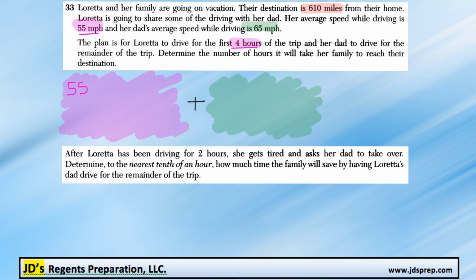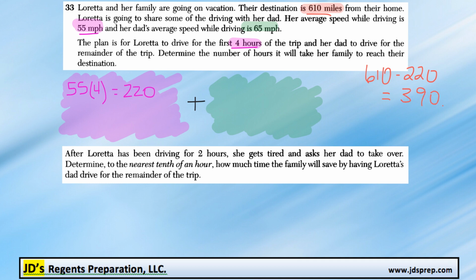So 55 miles per hour for 4 hours means that she would drive a total of 220 miles. Now that we know that, we can take their total distance, which is 610 miles, subtract the 220, and then we'll get how many miles the dad has to drive, which is 390.